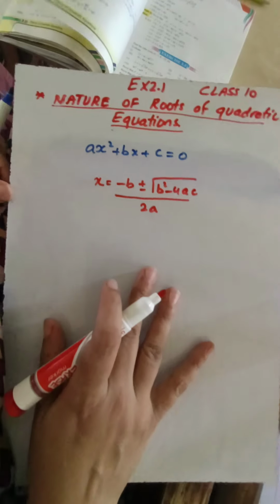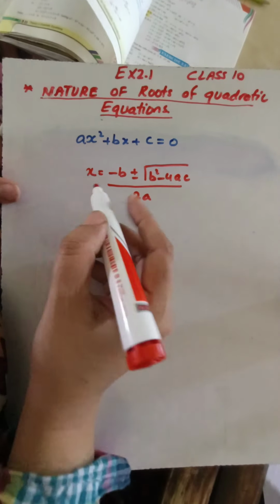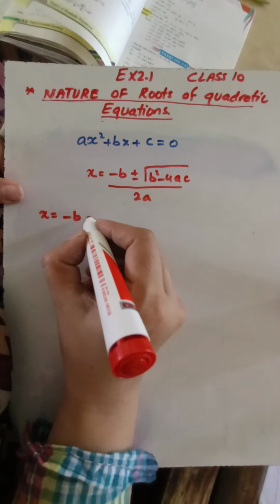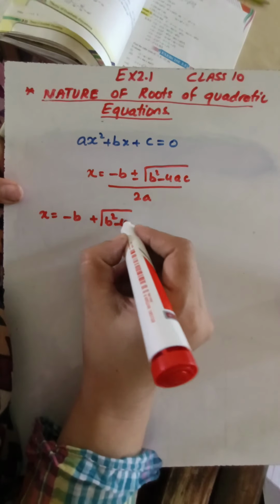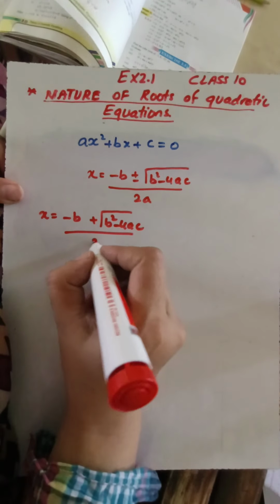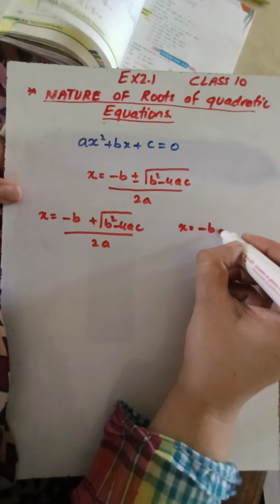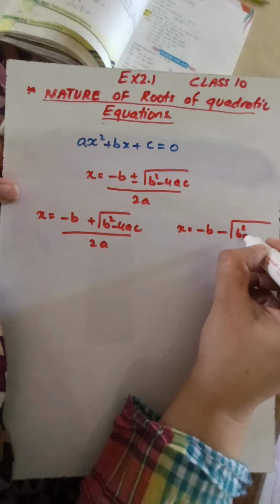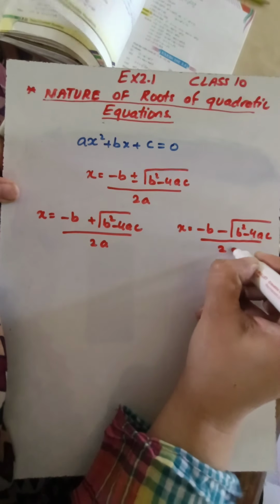Now the important thing to note is that these roots, if I write them separately, there are two possible roots. One is (-b + √(b² - 4ac)) / 2a, and the other is (-b - √(b² - 4ac)) / 2a.